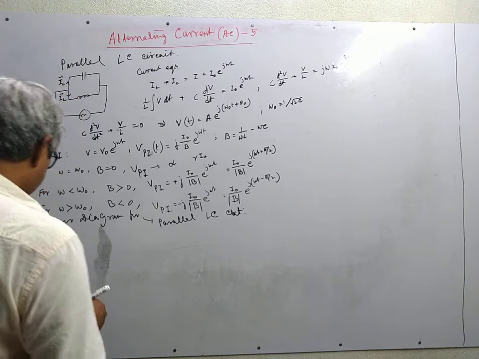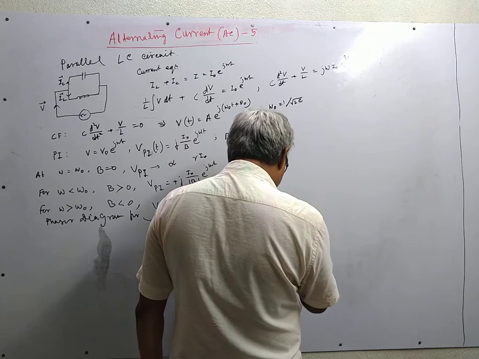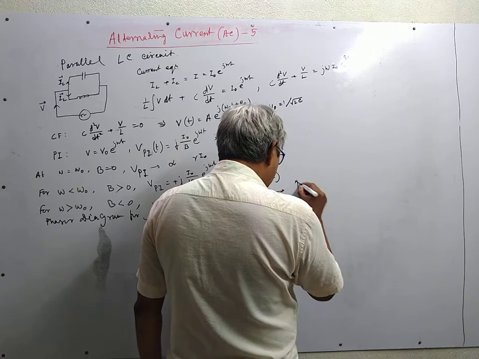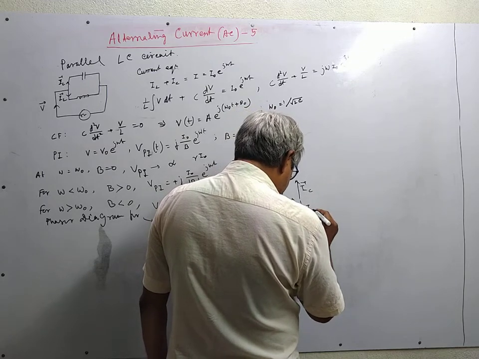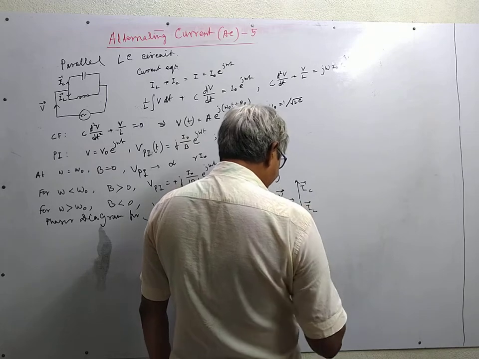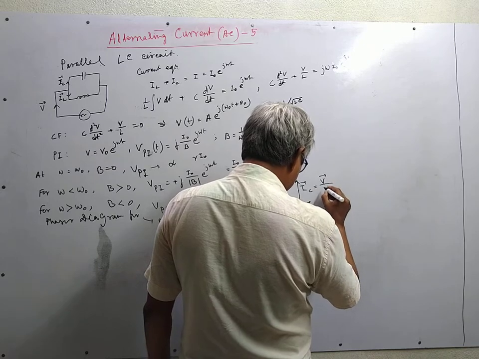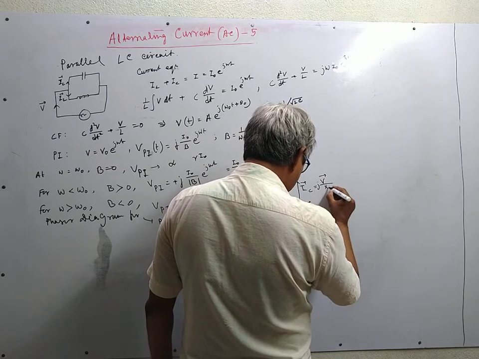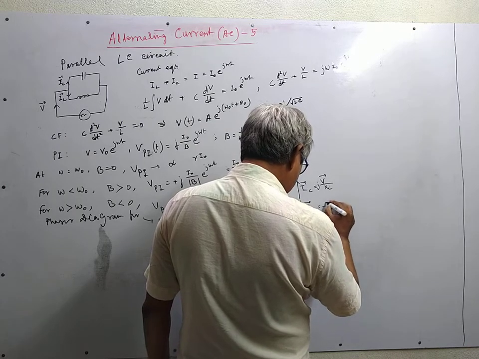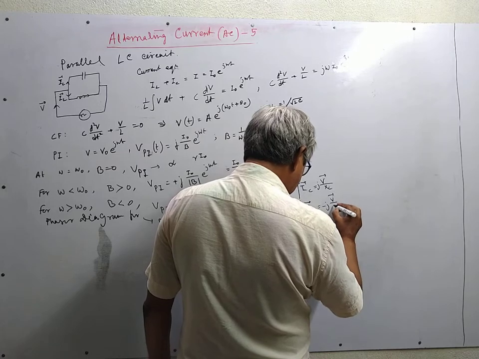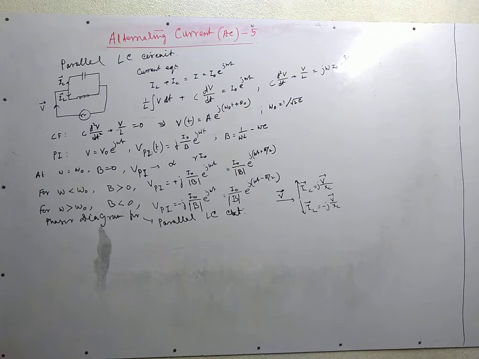First, let us recapitulate that if V is the reference voltage phasor, then IC is ahead of V and IL lags V, and the expression is given by this, this is XC magnitude. These are the expressions for the currents.